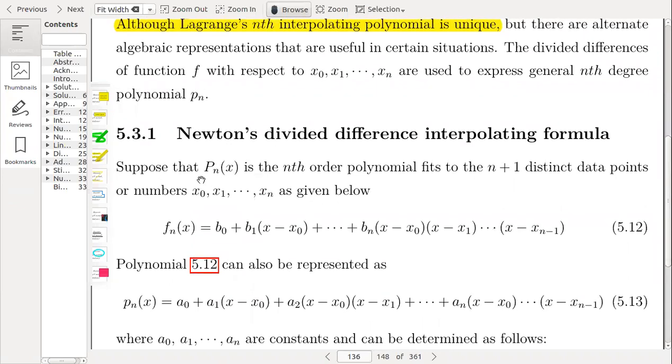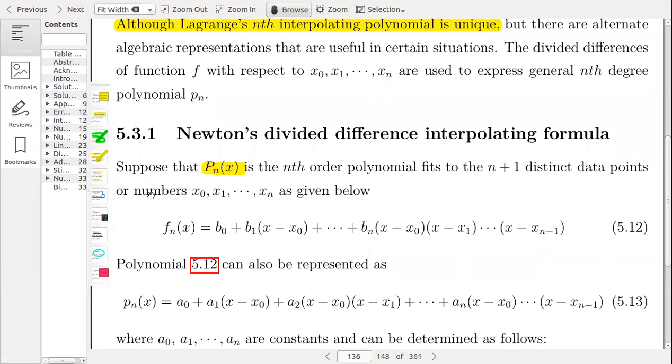Suppose that an nth degree polynomial, denoted by Pn, fits the n plus 1 distinct data points or numbers x0, x1, x2, and so on up to xn, as given below.